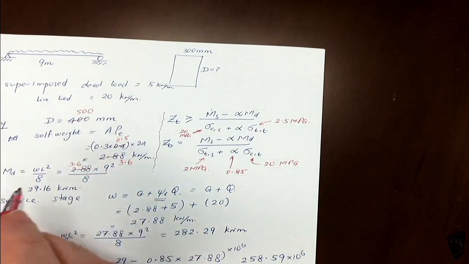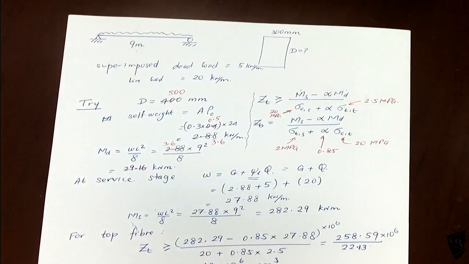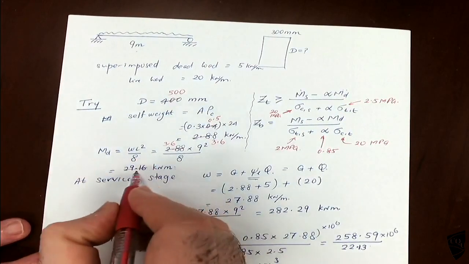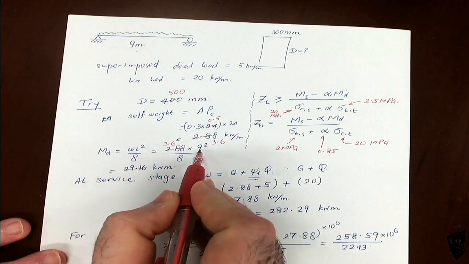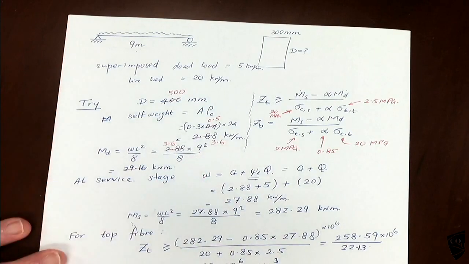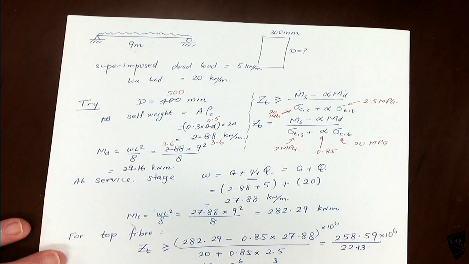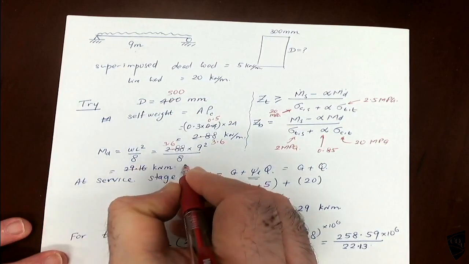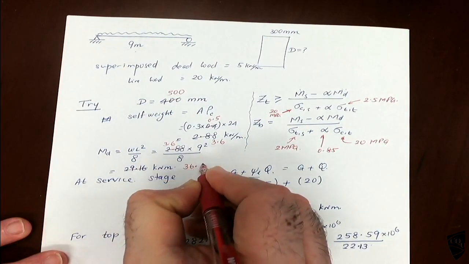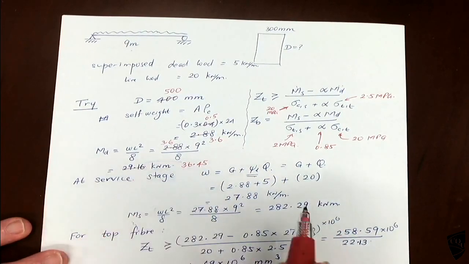So how much will you get? 3.6 times that is 36.45.